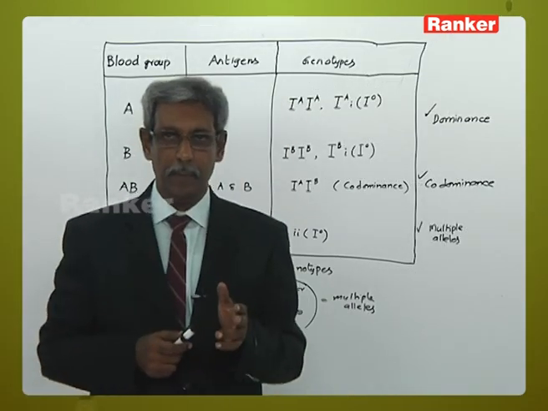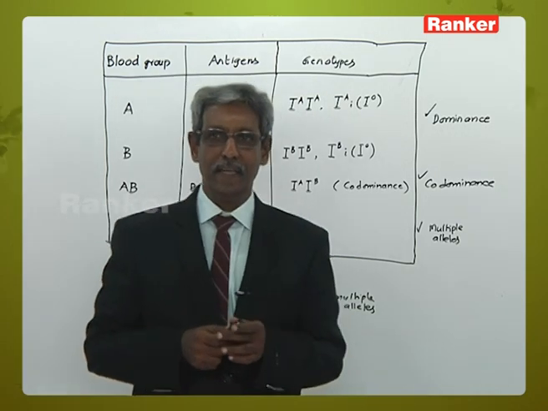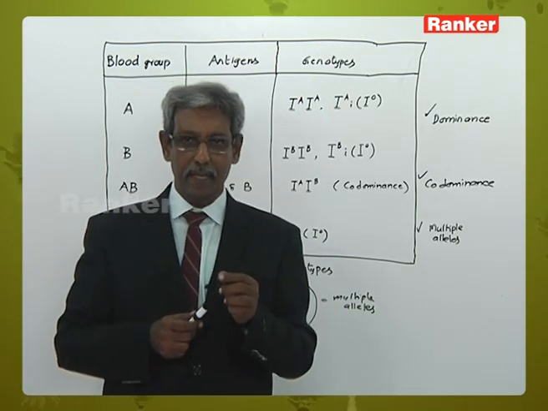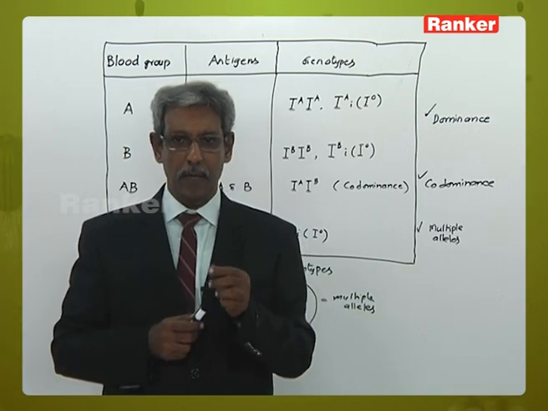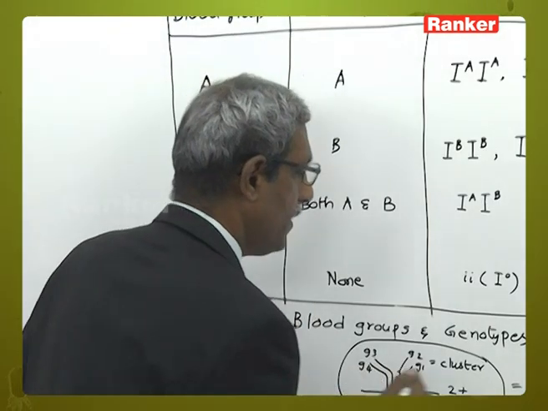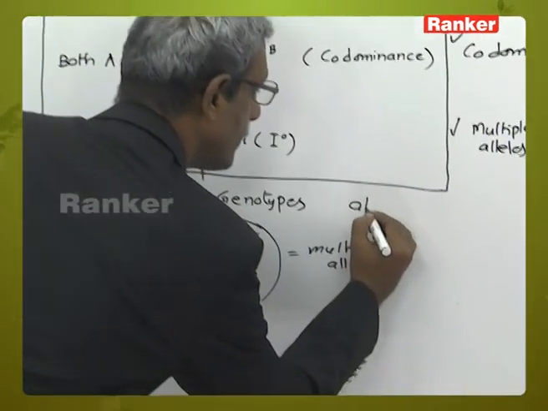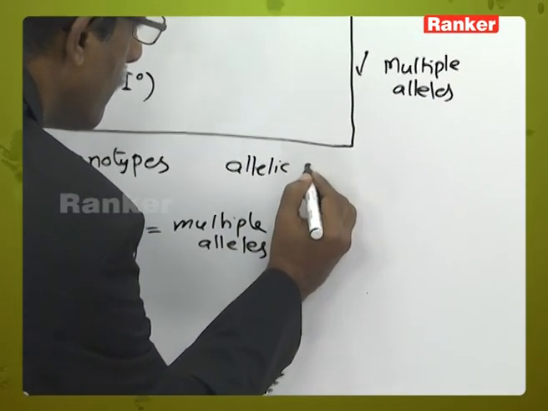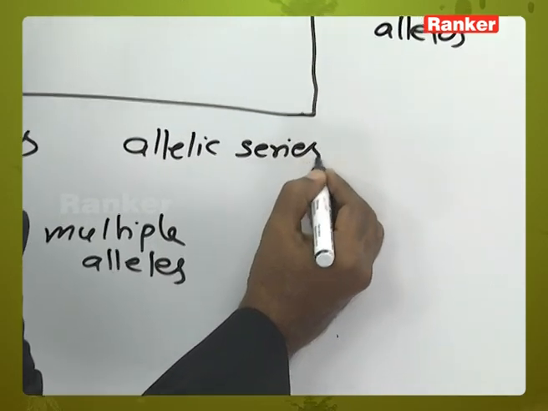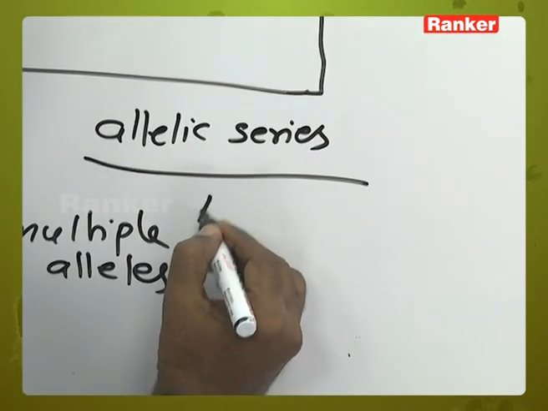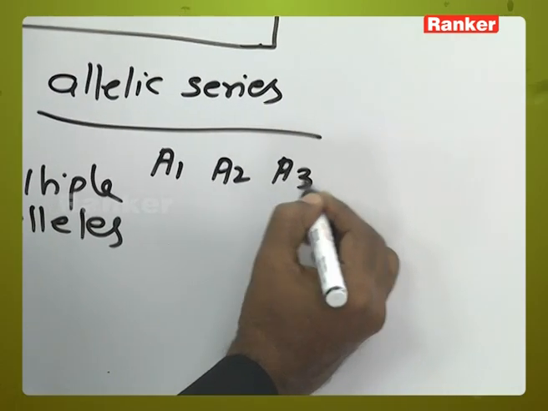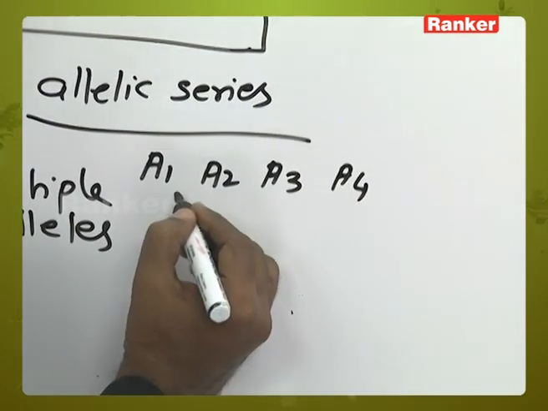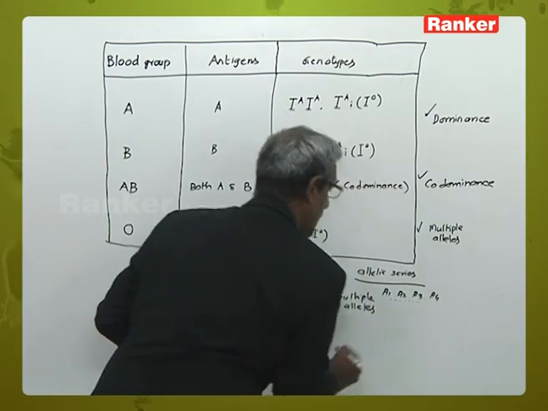Now we go to the third problem. Whenever we encounter the term multiple alleles, it refers to an allelic series. That is, maybe we have A1, then A2, then A3, then A4. This refers to an allelic series.